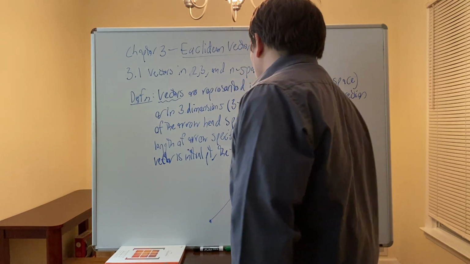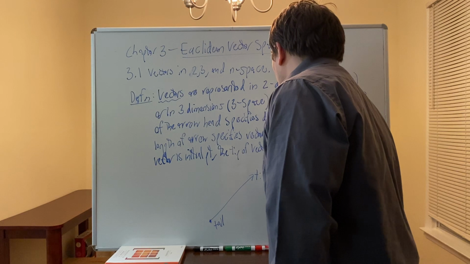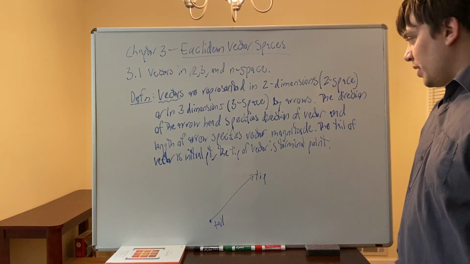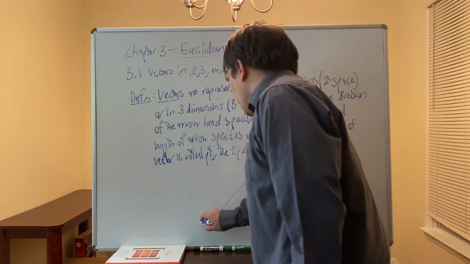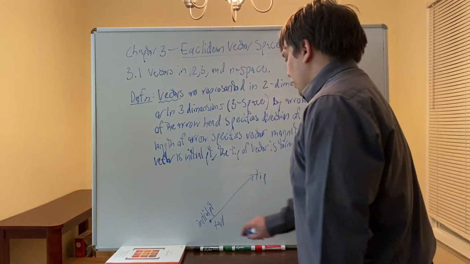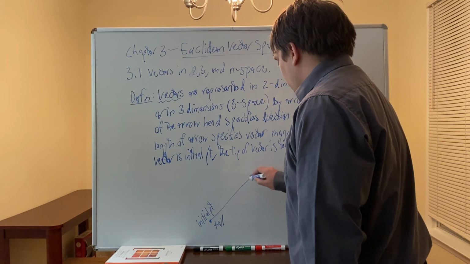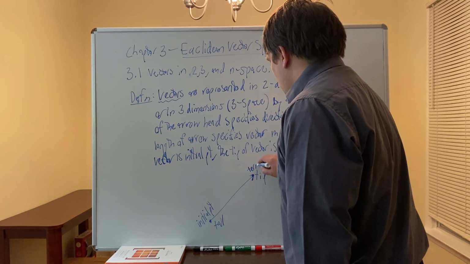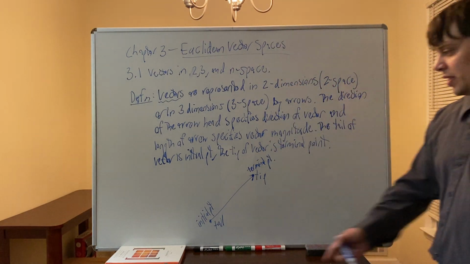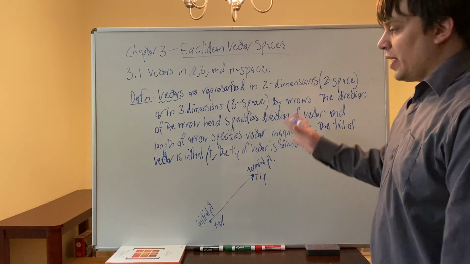Here is the tail, and this is the tip. The tail is the back part, and the tip is the front. So this is the initial point of the vector, and this is the terminal point, the point at the tip of the arrow. Make sense? Initial point, terminal point. And this is the definition of a vector.